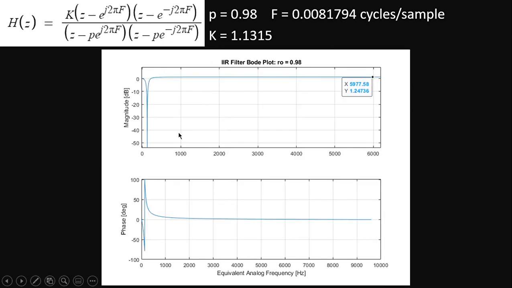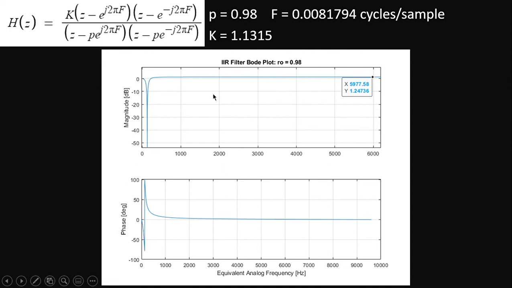So in this Bode plot, we still have a DC gain of 0 decibels. We're still attenuating any components of the signal at around 130 hertz. And in the higher frequencies, we're getting slightly less amplification than we did previous time. At some high frequency, it's much less. It's only about 1.2 decibels.